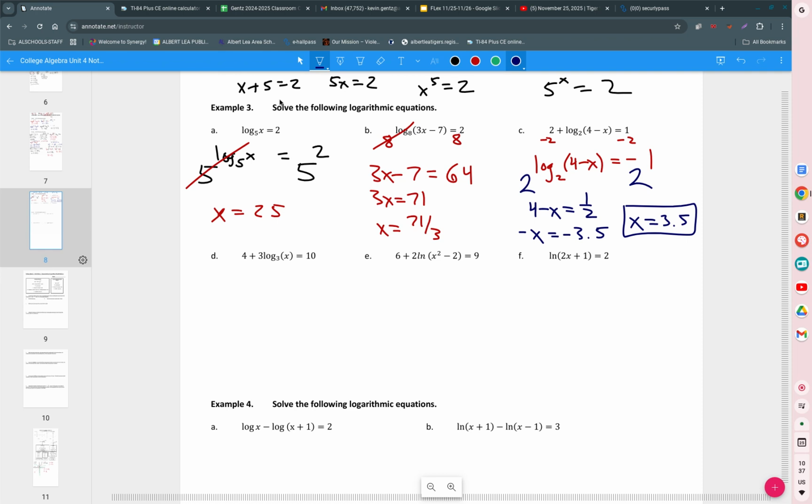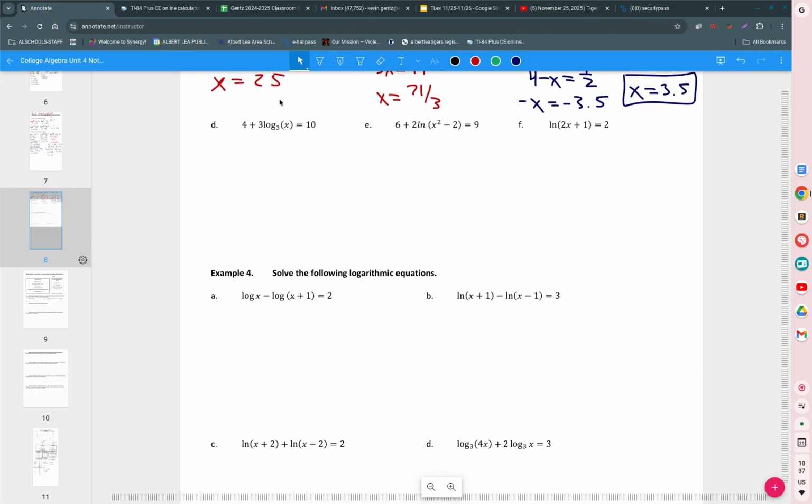Try letter D on your own. Letter D. Is this already base 3?